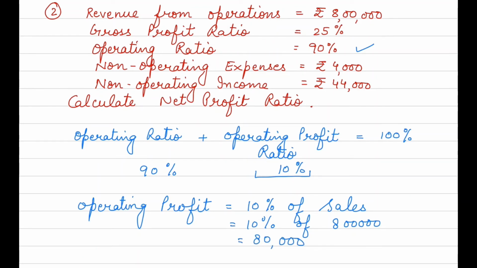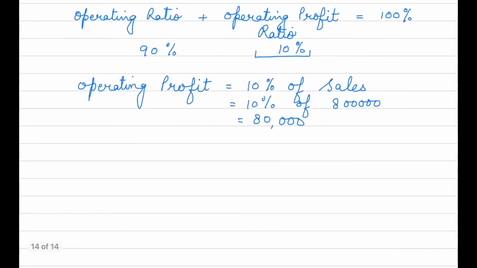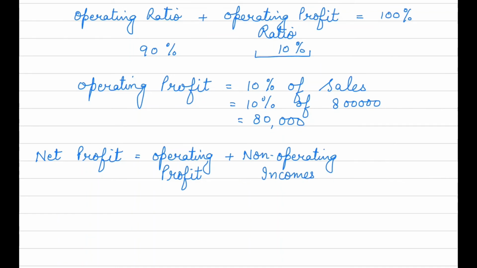Now, why have we calculated operating profit in this question? Because in order to calculate net profit, we will be requiring operating profit. I told you that net profit can be calculated in many ways, and it depends upon the type of information given in the question. So here in this question, net profit will be calculated as operating profit plus non-operating incomes minus non-operating expenses. So operating profit we have just calculated as 80,000 rupees.